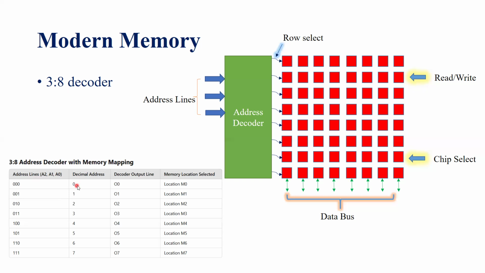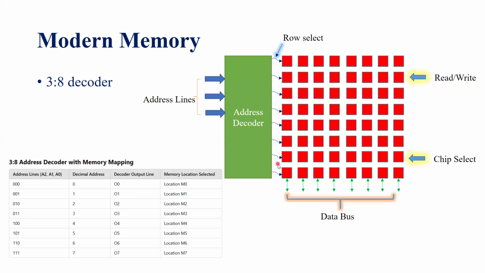The decimal address right over here is 0 for the binary representation 000. Then for 001 you have 1, for 010 you have 2, up to 111 where the decimal number is 7. So you get the decimal address of the memory also in the decimal system. Then the decoder output lines are 0, 1, 2, 3, up to 7, so a total of 8 output lines.